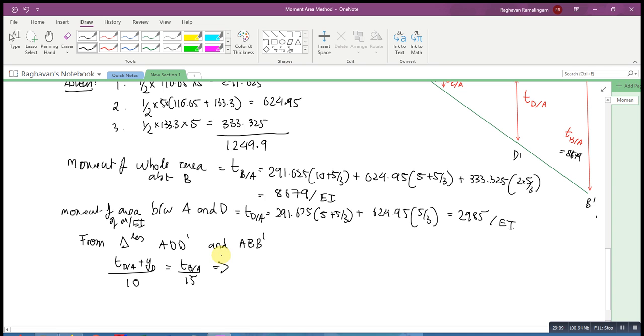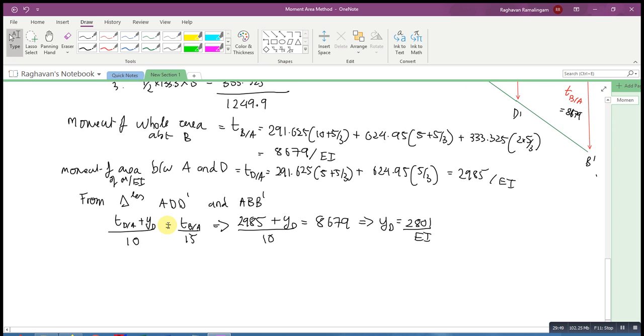TDA is 2985, so 2985 plus YD divided by 10 equals 8679 by 15, and this gives me YD equals 2801, and let me introduce the EI which is missing, 2801 by EI.